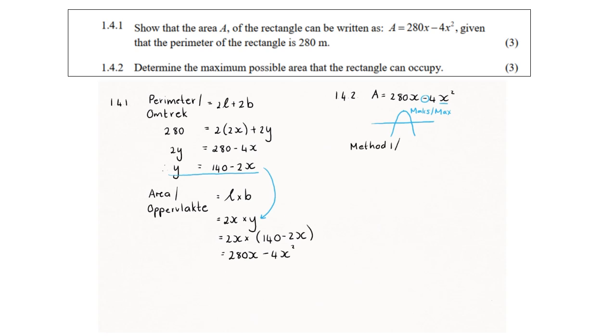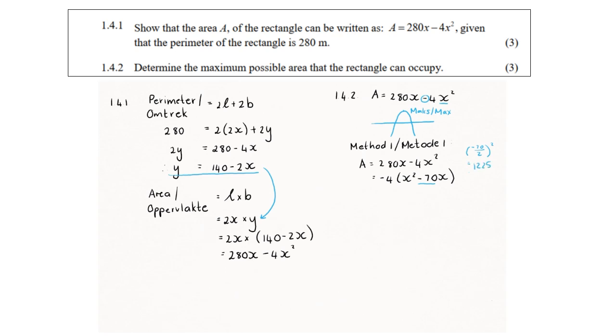First of all, we take out the negative 4 to make the coefficient of x squared 1. And then we have negative 4 times x squared minus 70x. Then we take the coefficient of x, the negative 70. We divide it by 2 and we square the answer.